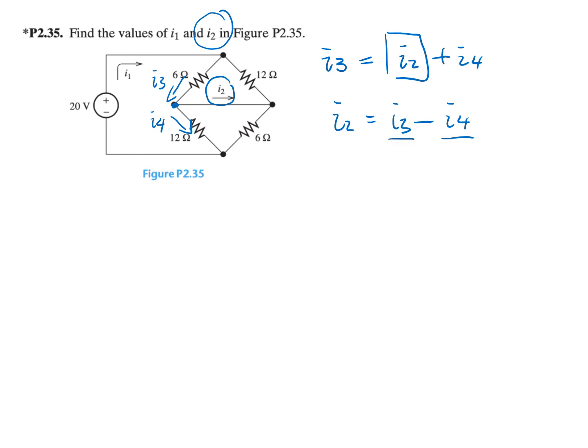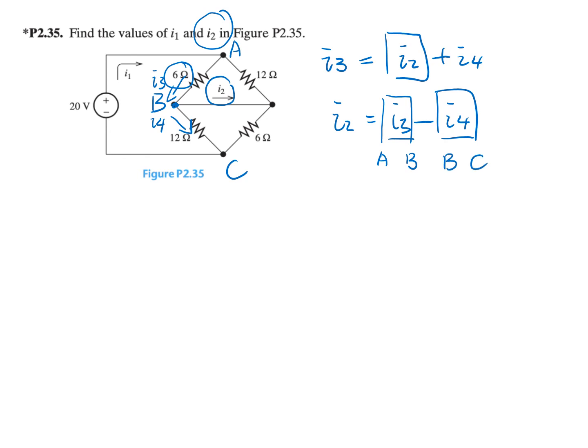Similarly, if we want to find the current, we have to use Ohm's law. In order to perform Ohm's law on the 6 ohm resistor to find I3, we need to know the voltage drop between A and B. And if we want to find the value for I4, we are going to find the voltage drop between B and C.